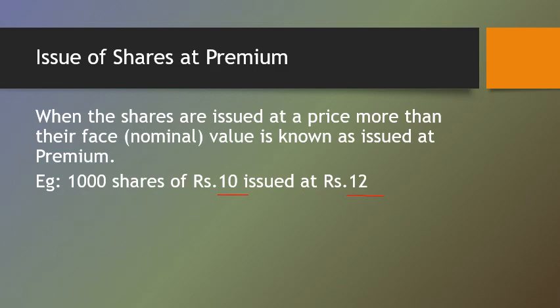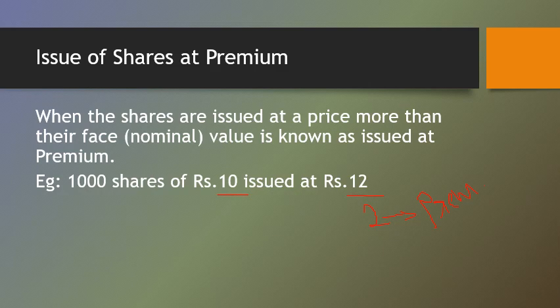Which means there is a price increase of rupees 2, and this 2 is known as share premium. So when the shares are issued at a price higher than the face value or nominal value, it is termed as issue of shares at premium.